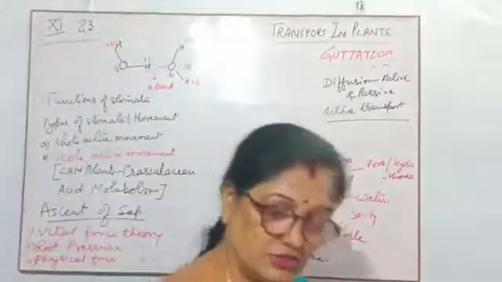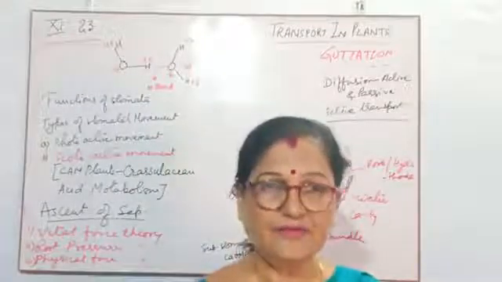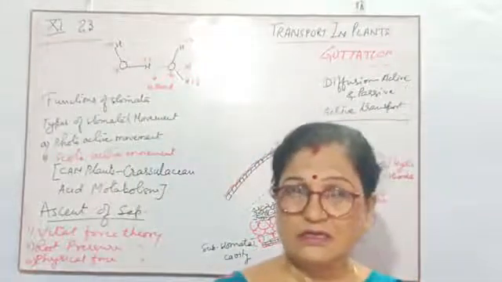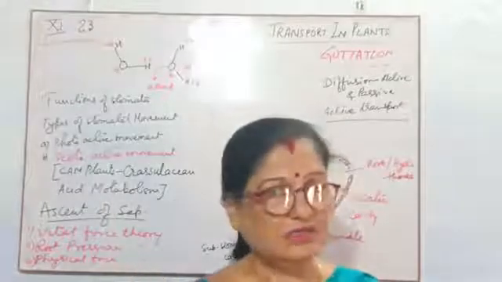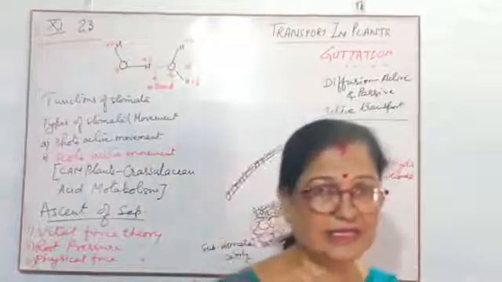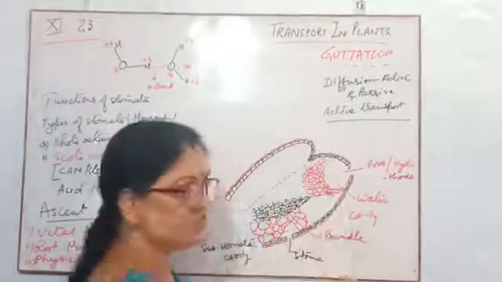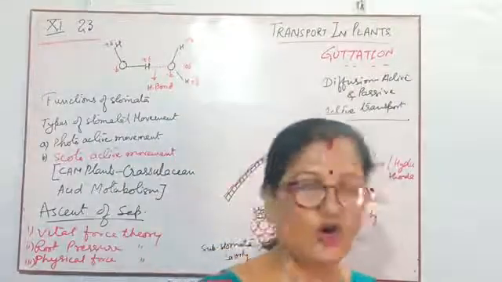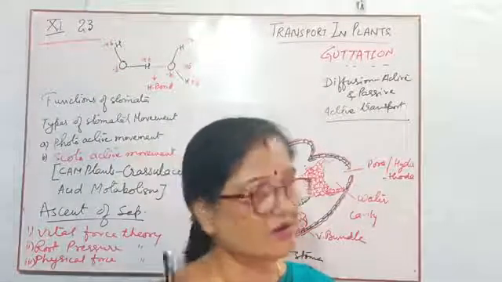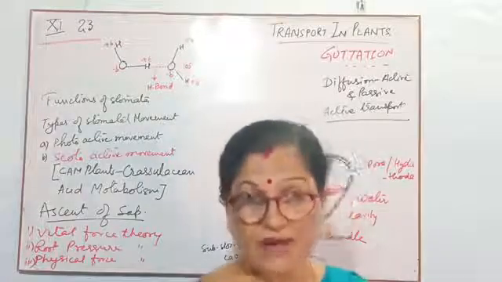Guttation is also a process of removal of water in the form of water droplets, and in transpiration there is removal of water in the form of water vapor, and here in guttation, removal of water is in the form of water droplets through the pores which are present at the tip of the leaf or at the margins of the leaf, not on the upper surface or the lower surface.